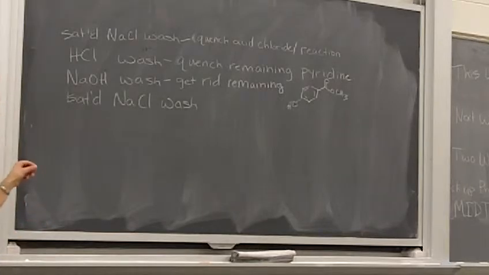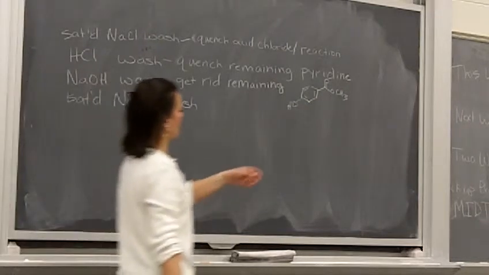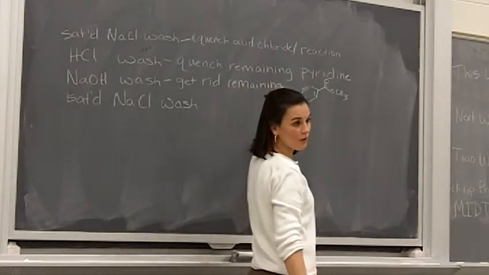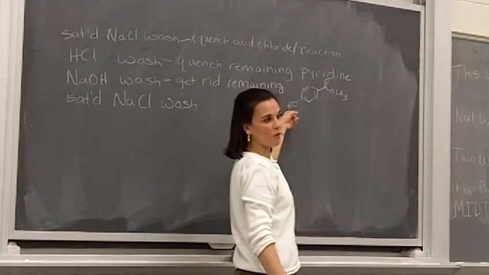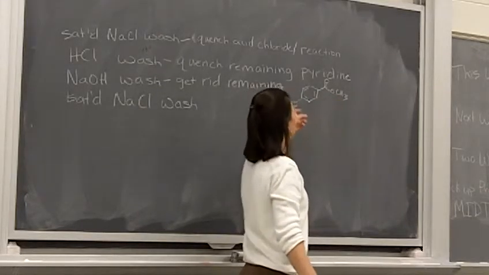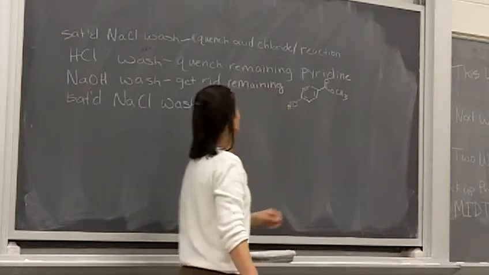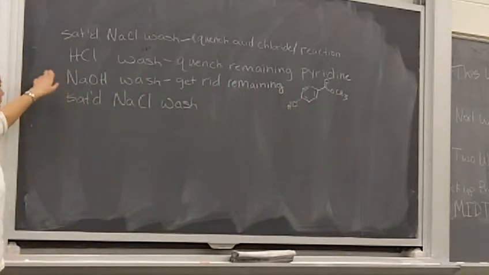The problem with the NaOH wash is it also likes to attack esters, okay? And so once it's done chewing on whatever remaining starting material you have, it can actually go and hydrolyze your esters. And now we've not only got one, but you just made another one, okay? So this wash you've got to do fairly quickly.